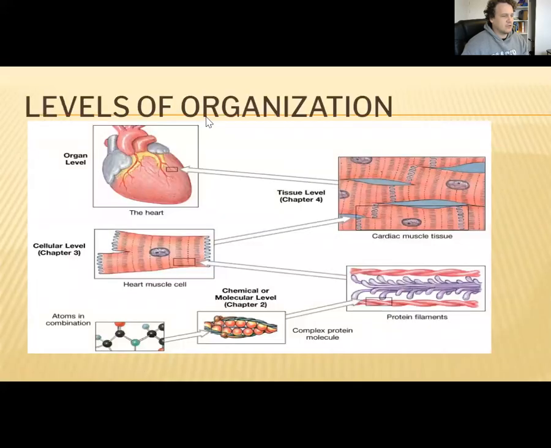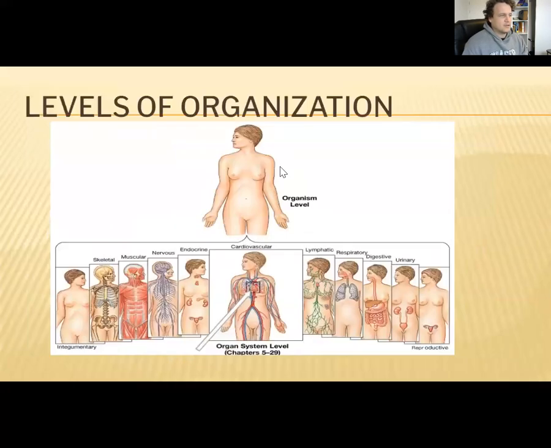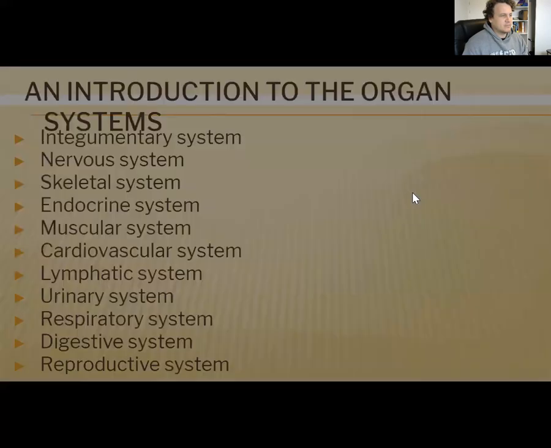So we've gone through this. Atoms make up the compounds, make up the cells, make up the tissues, make up the organs, which make up the systems, make up the organism. And then we have the entire organism.